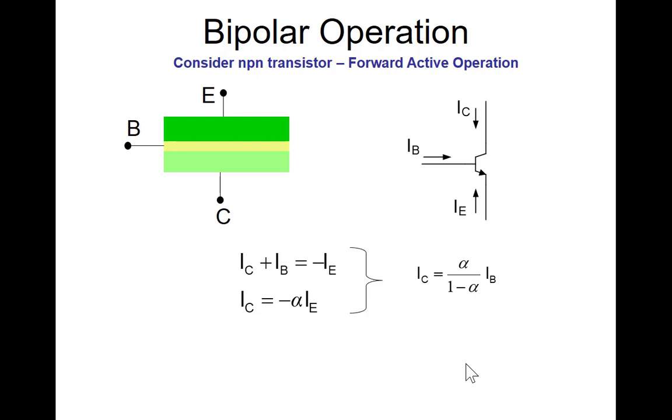So from base to emitter is like a forward bias diode. From base to collector is like a reverse bias diode. Then emitter to collector is like a resistor. No, don't. It's a nonlinear device, so don't try to think of that as being a resistor. A good question, but it's a nonlinear device. We'll get the relationship shortly.